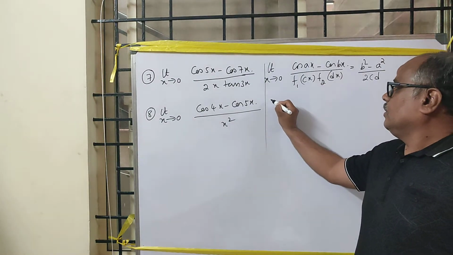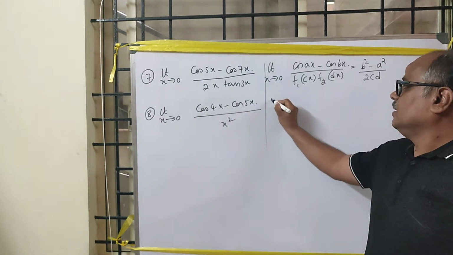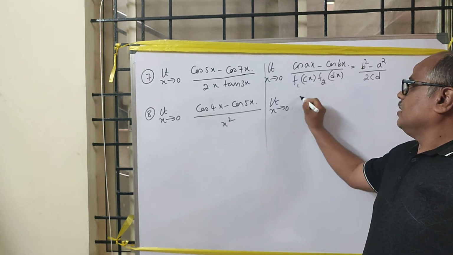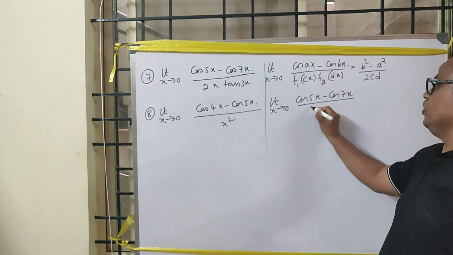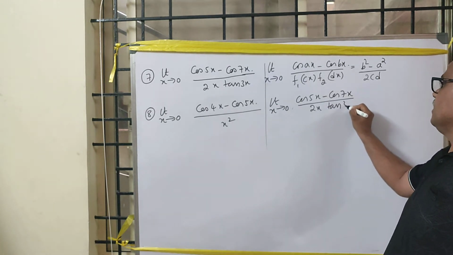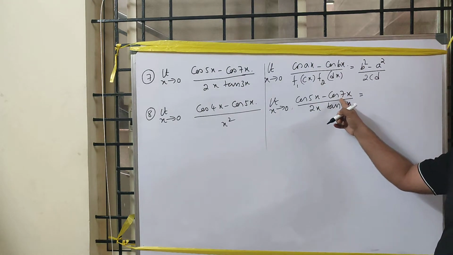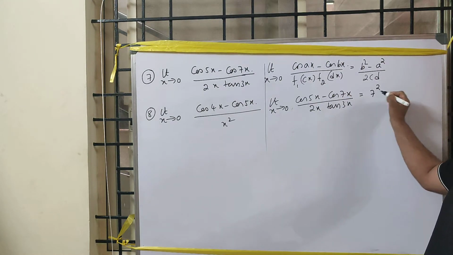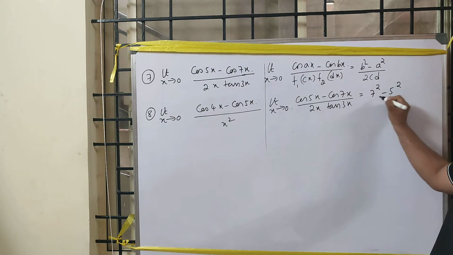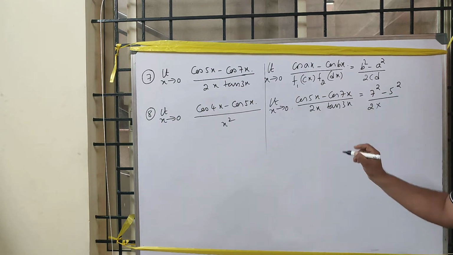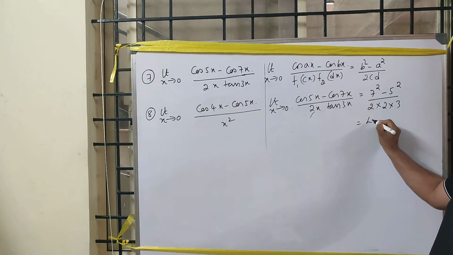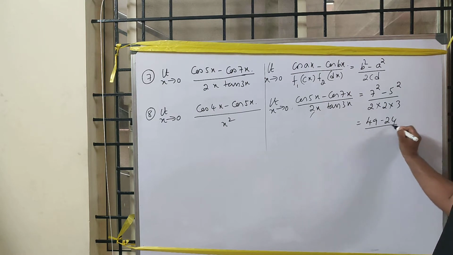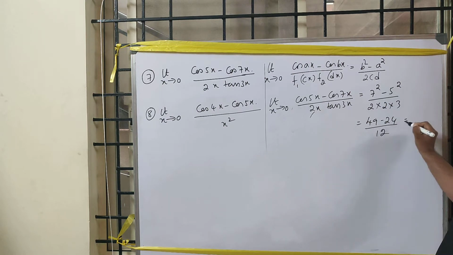So therefore the seventh problem answer is: cos 5x minus cos 7x divided by 2x into tan 3x should be equal to (b square minus a square) divided by 2cd. Here the b value is 7, the a value is 5, the value of c is 2, and the value of d is 3. 49 minus 25 divided by 12, 25 by 12 is the answer.